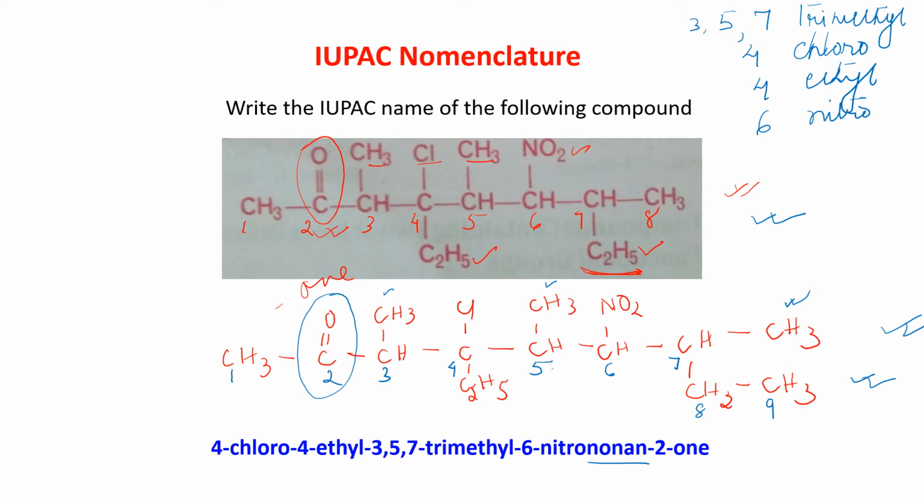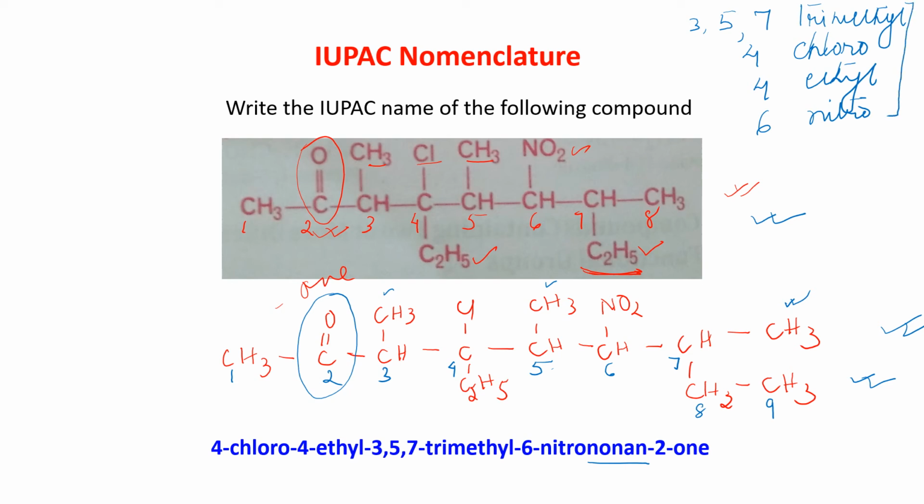So we are getting -one as the secondary suffix. We are getting a chain of nonene, and the rest will be substituents in alphabetical order. We have to arrange this.